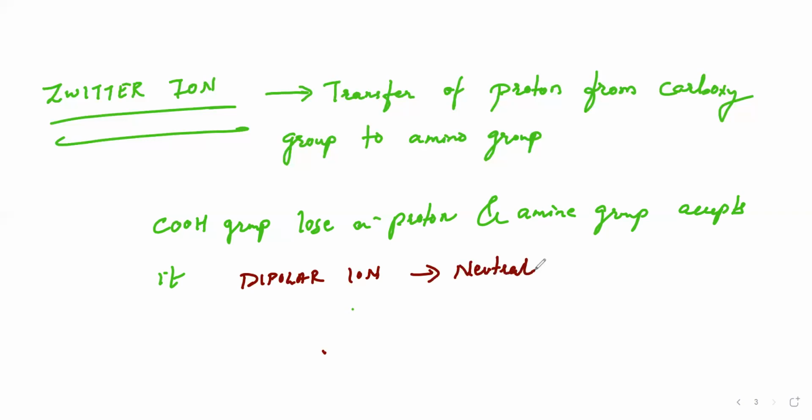A zwitterion is an ion wherein the carboxyl group loses the proton and that proton is accepted by the amine group. When it does so, that particular ion becomes neutral, meaning it has both positive and negative charges. And this kind of ion is called a zwitterion. I'll just draw it in a structure form.